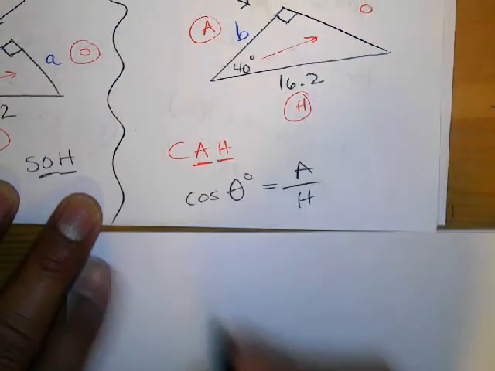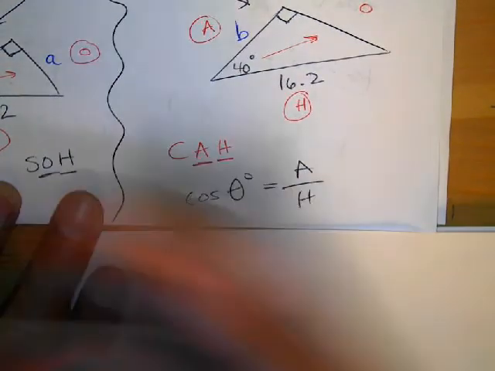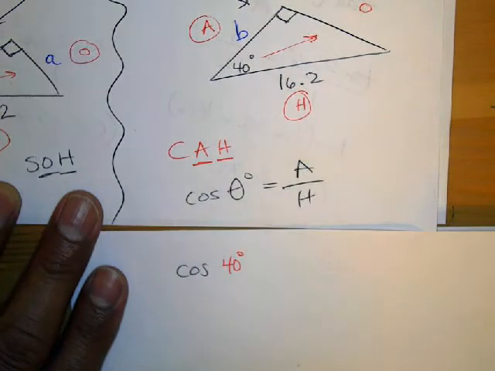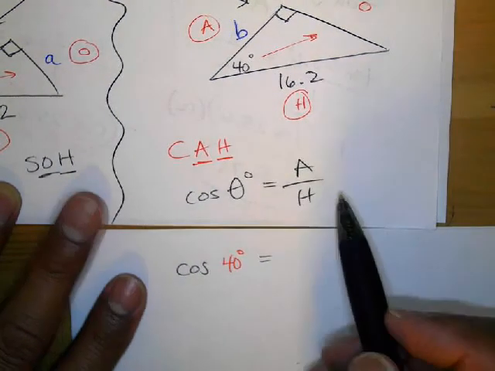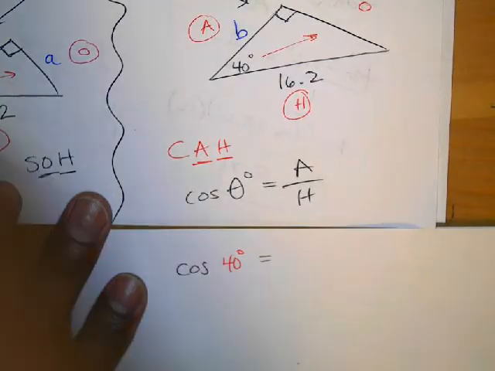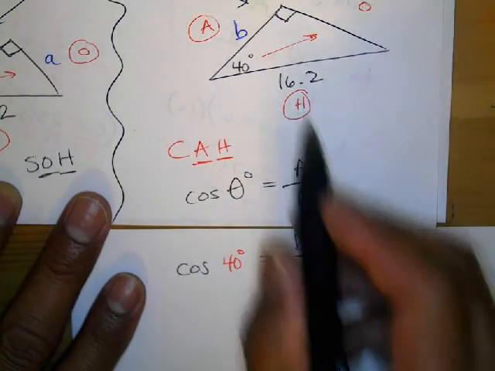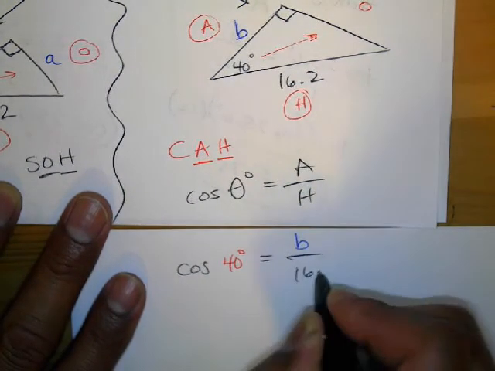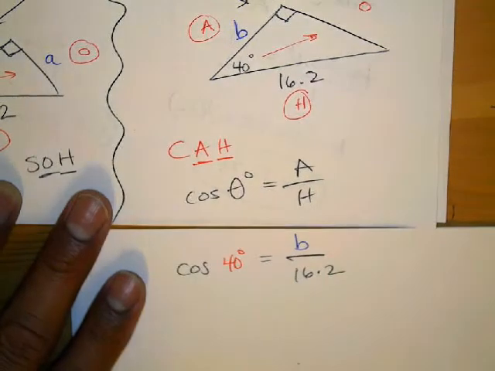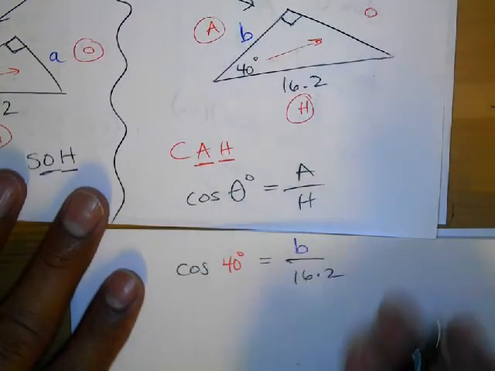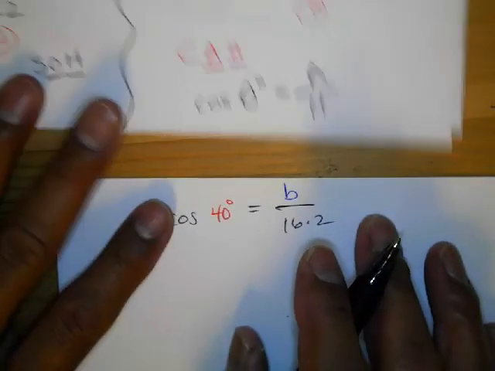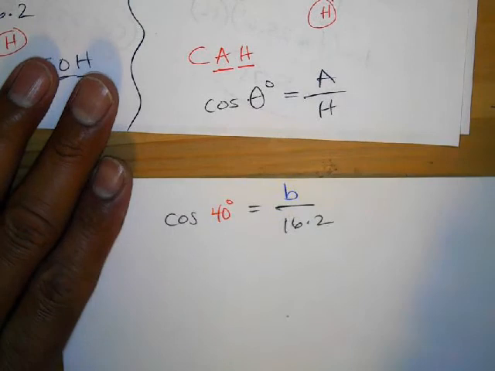All right, let's finish it here. What's the angle? 40 degrees? Yeah. Cosine of 40 degrees is equal to A, which is the letter B, over H, which is the 16.2. All right, and that's how you go on your way.